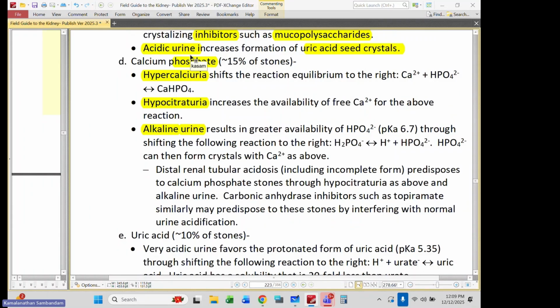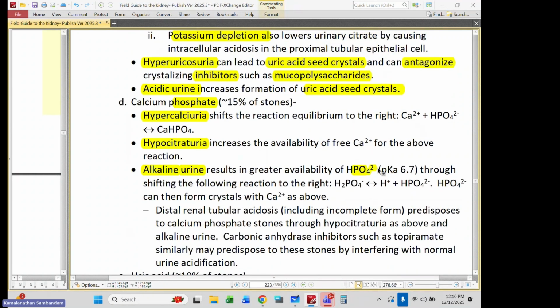Why does that happen? Well, when you have an alkaline urine, you have more of the divalent form of phosphate, right? It can be trivalent, right? Phosphate has a -3 charge. So when I have alkaline urine, I then shift this equilibrium reaction towards the right.